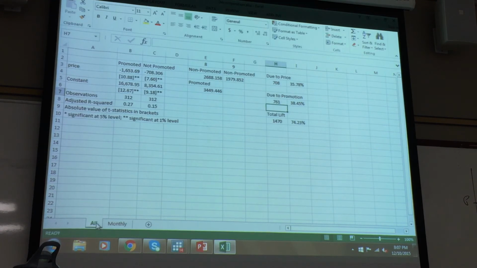All I need to do is evaluate the non-promoted demand at $8, and that'll give me QN at the promoted price, the change due to promotion.